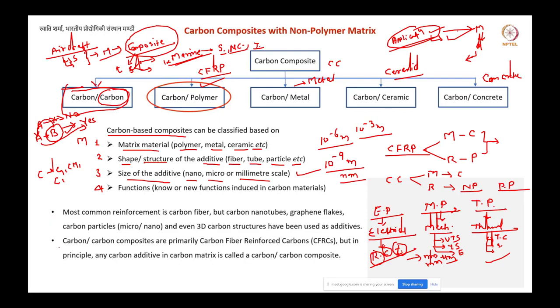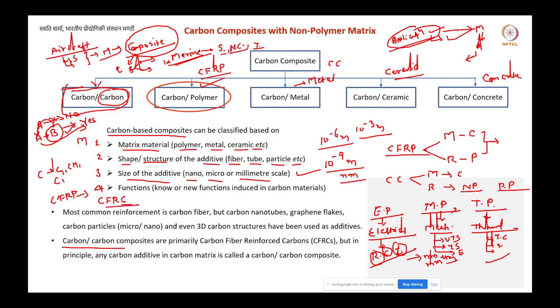The second thing is that carbon-carbon composites are primarily carbon fiber reinforced carbon. Till now we were using carbon fiber reinforced polymer or plastic. Now, instead of a polymer, we are using carbon fiber reinforced carbon itself, CFRC.